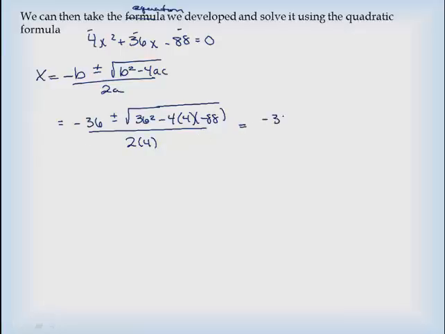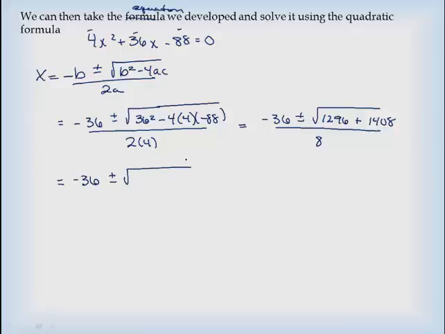Giving me negative 36 plus or minus the square root of 36 squared, which is 1296, plus 4 times 4 times 88, which is 1408, all over 8. Giving me negative 36 plus or minus the square root of 1408 plus 1296, which is 2704, all over 8.